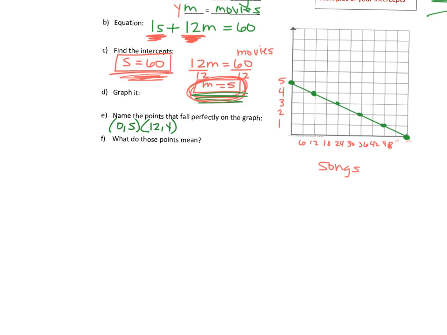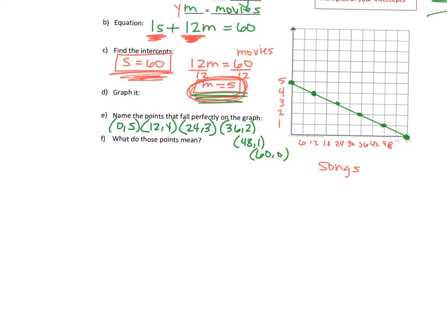Third point is 24, 3. The fourth point is 36, 2. The next point is 48, 1. And the last point is 60, 0. Okay, so those are all the points that hit perfectly on our graph.